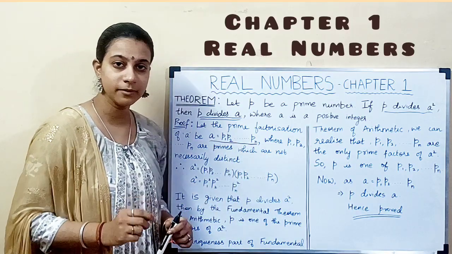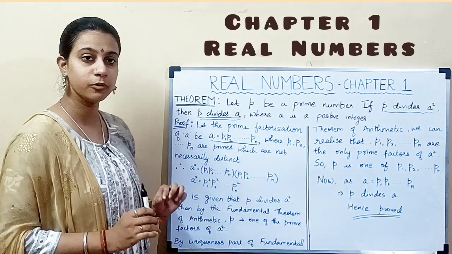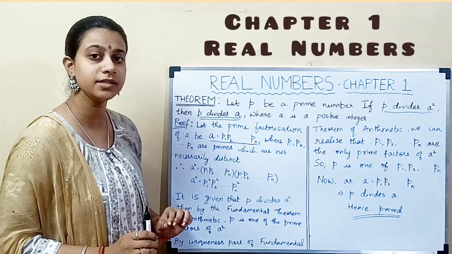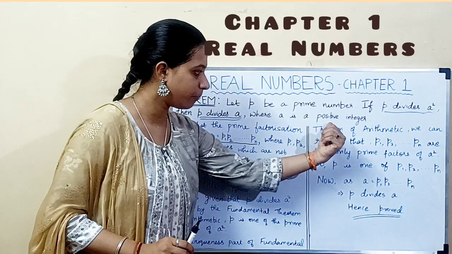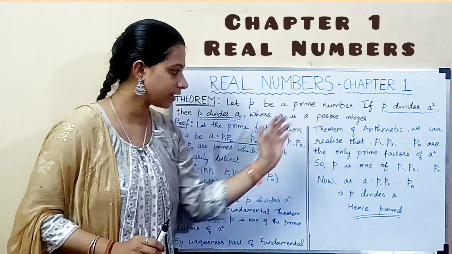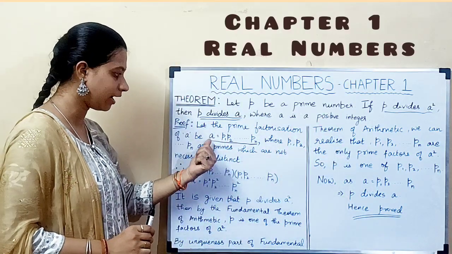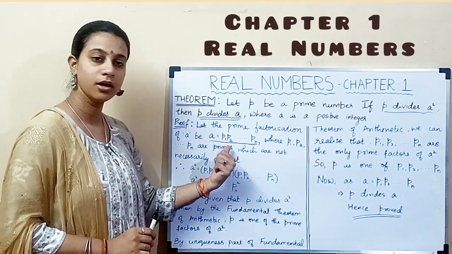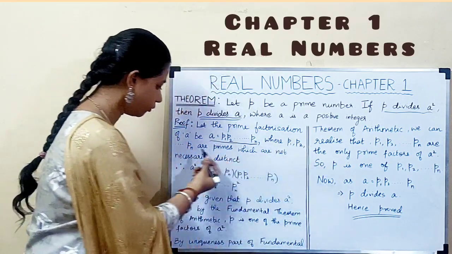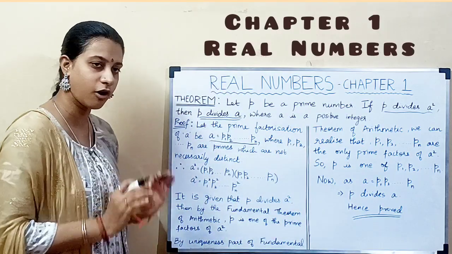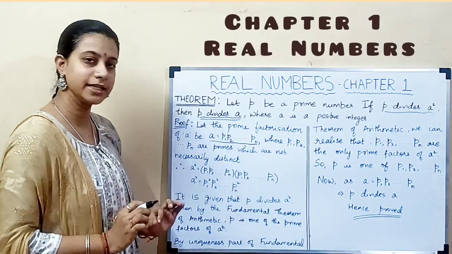As we saw in the fundamental theorem of arithmetic, any composite number can be represented as a product of primes. Here A is a positive integer, so we are considering it as a number and representing it as a product of primes, where P1, P2, ..., Pn are primes which are not necessarily distinct.